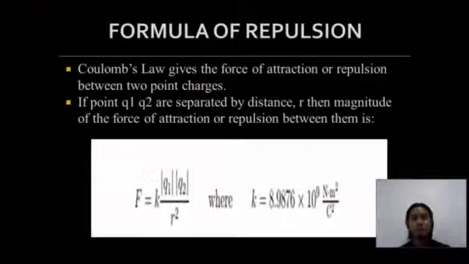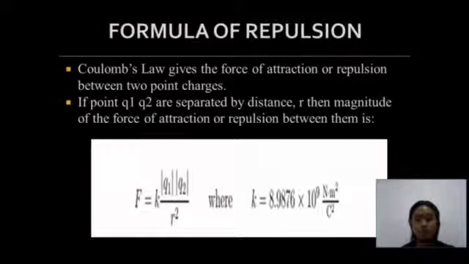Formula of repulsion. Coulomb's law gives the force of attraction or repulsion between two point charges. If point charges Q1 and Q2 are separated by distance r, then the magnitude of the force of attraction or repulsion between them is as in the formula. As you can see, this is the formula for repulsion.